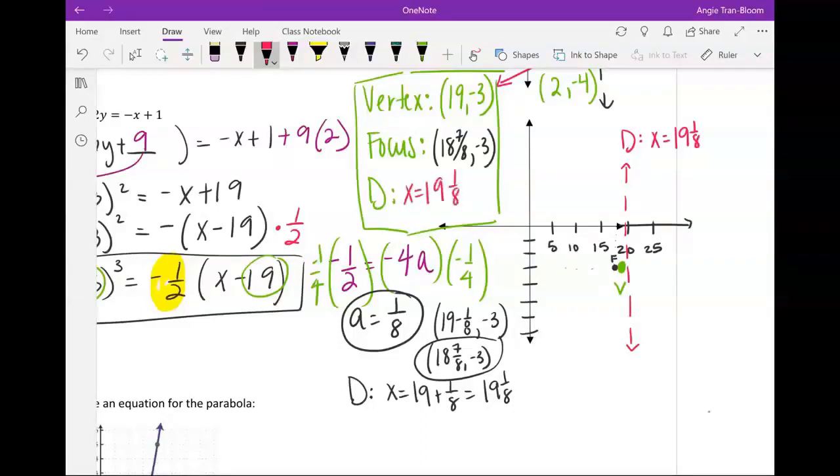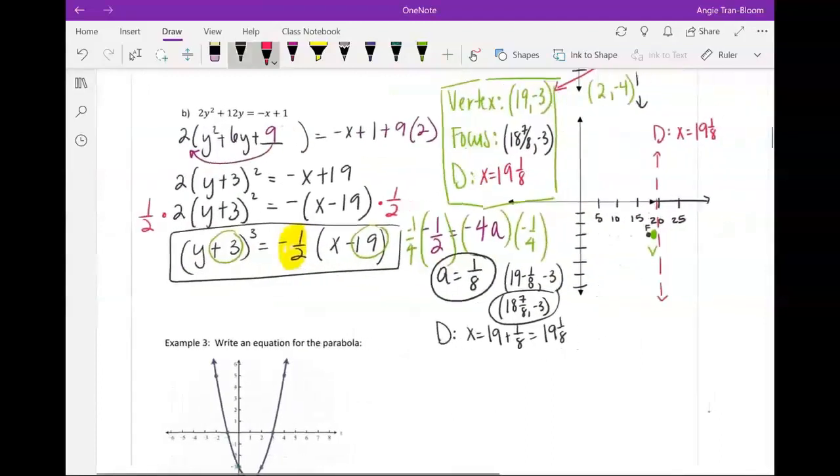I need now to find the length of the latus rectum, so I know how far up to go. Length of latus rectum, which is the absolute value of 4a, which we already know is the absolute value of 1/2. Well, the total length is 1/2. That means you're going to go up 1/4 and down 1/4.